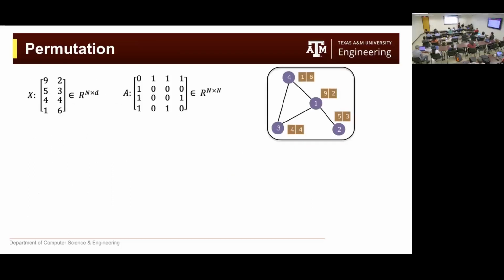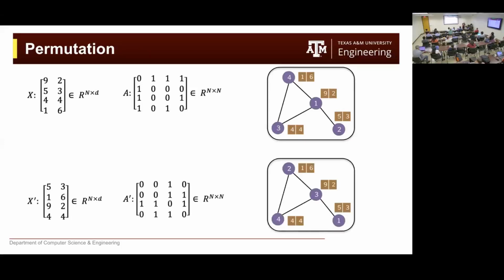There is a fundamental challenge for dealing with graphs compared to, for example, images, because of permutation invariance. If I have this graph and I permute the order of its nodes, the graph remains the same as long as the connectivity remains the same.